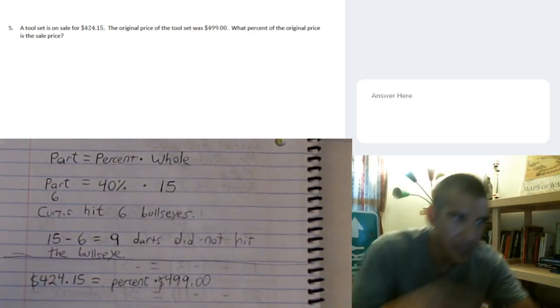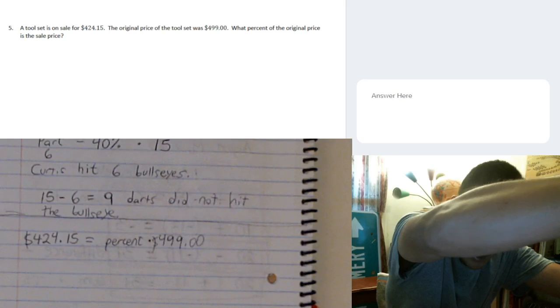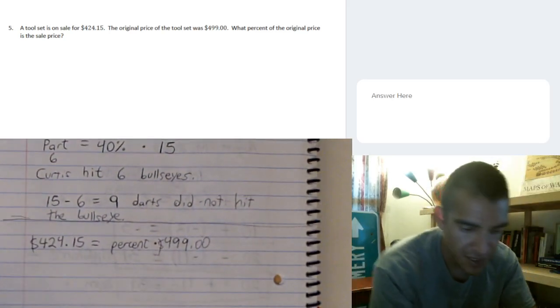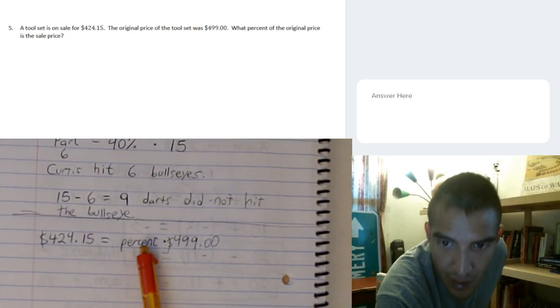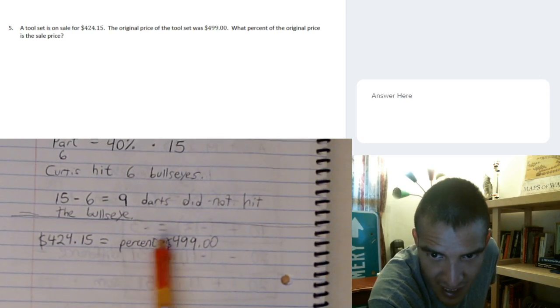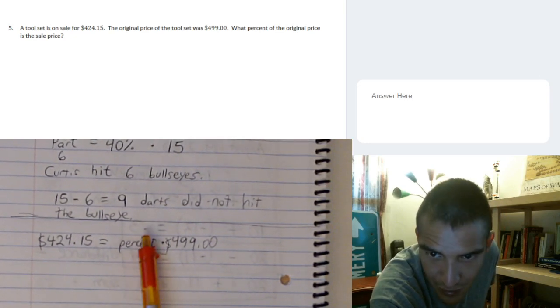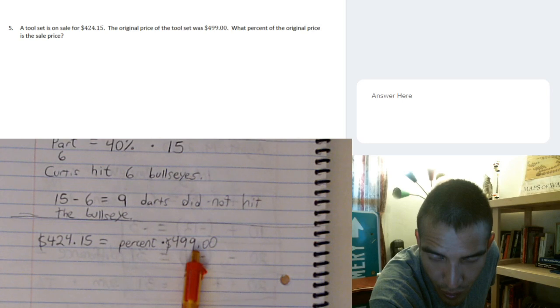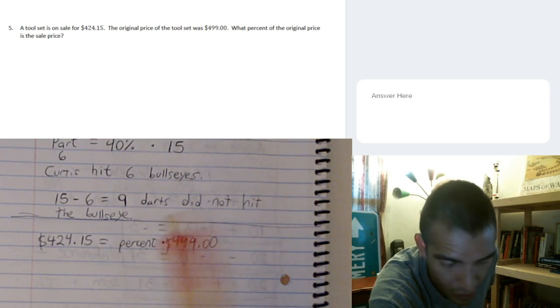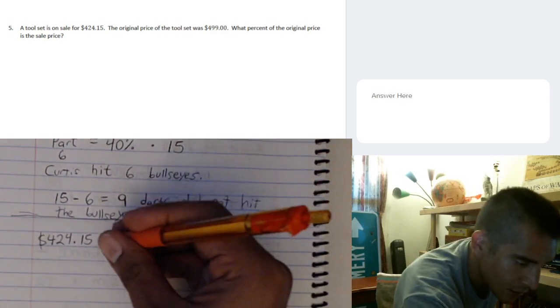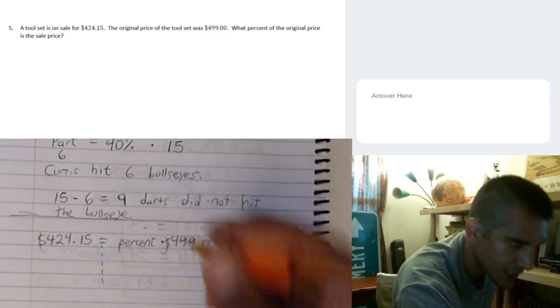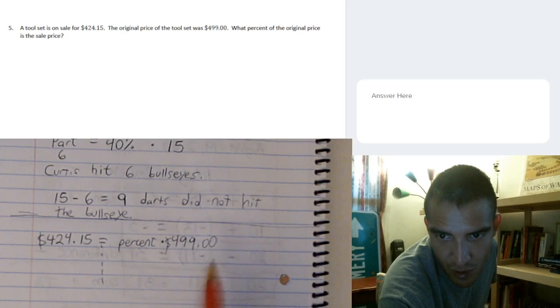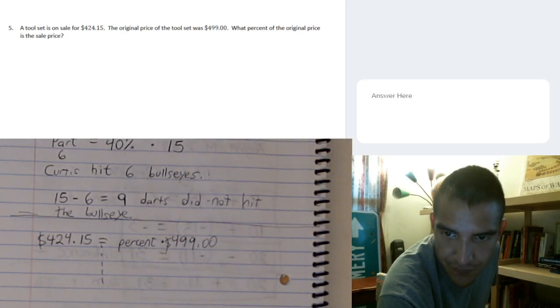So you should be thinking at home, I want to find out what this percent is right here. But right now that percent is not by itself. We need to get it by itself. It says times 499. So how do I get rid of times 499? What should I do to both sides to make that times 499 disappear?